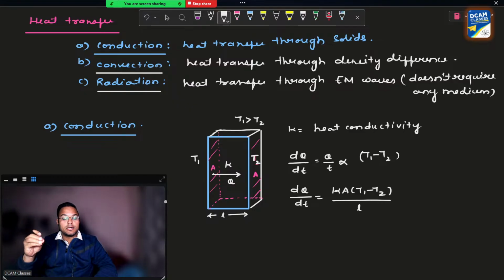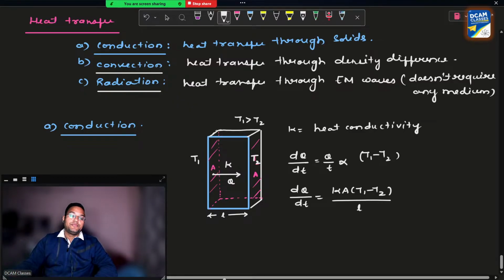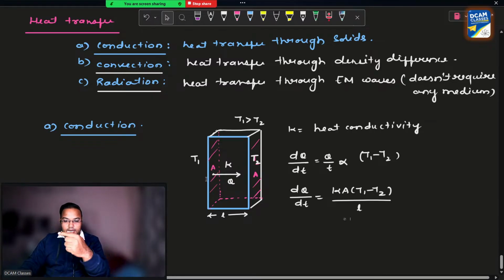In many questions you will find difficulty in understanding which length we have to take, either this one or the height. So just look at the problem, just look between which two surfaces the temperature difference is there. Heat will be transferred from higher temperature to lower temperature, and the length in the direction of heat transfer is the one you have to take here.